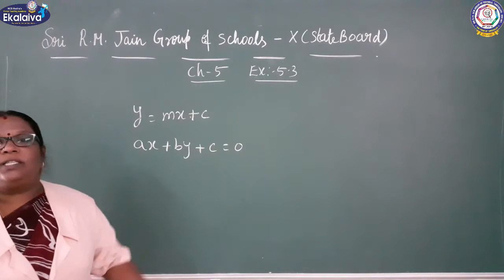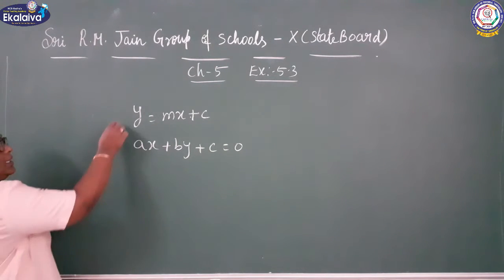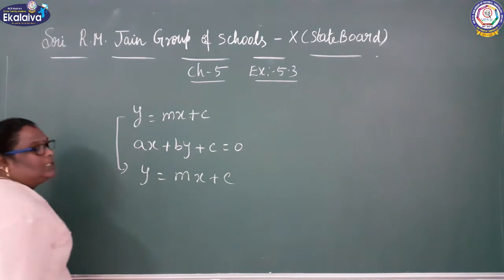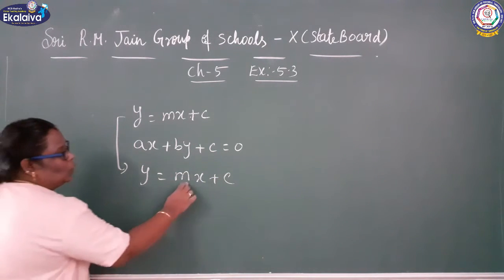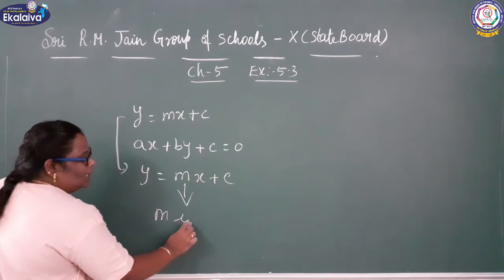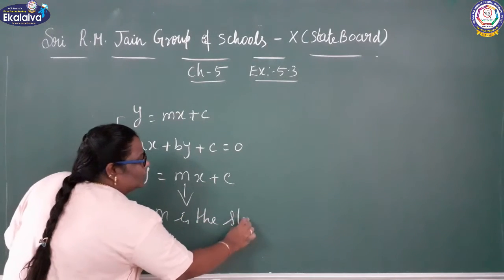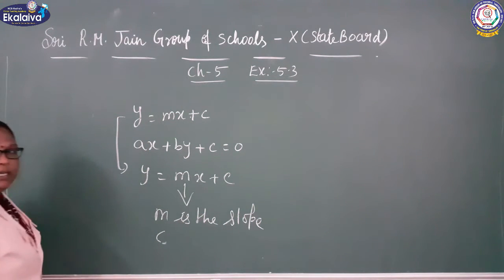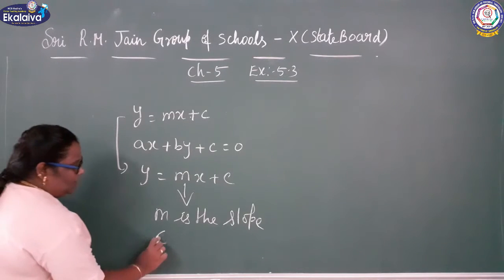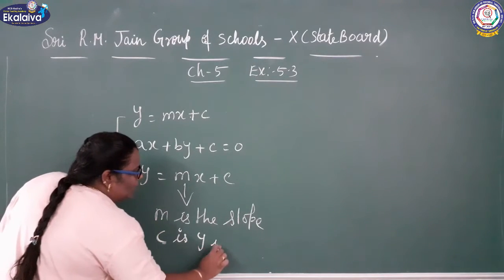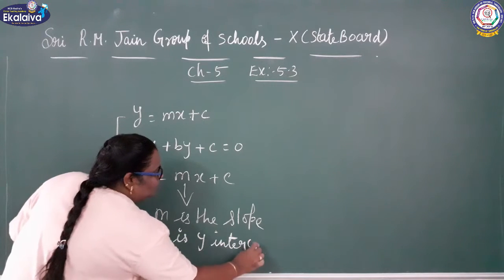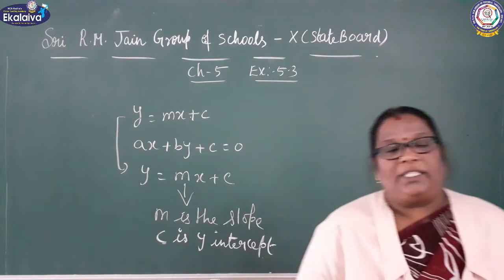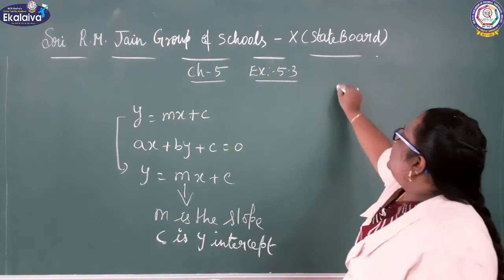In the equation y equal to mx plus c, m is the slope, and c is nothing but the y-intercept. From the equation ax plus by plus c, you have an intercept form.